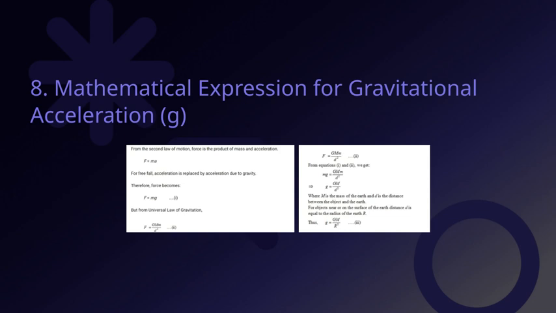For example, as the distance from Earth's center increases, the gravitational acceleration decreases. This helps explain why objects weigh less the higher they are above the surface. Connecting this to our overall theme, this formula not only describes the force acting on objects, but also lays the groundwork for understanding many phenomena in physics, from planetary orbits to satellite technology. It's a simple yet powerful expression that captures the essence of gravity's influence in our universe.